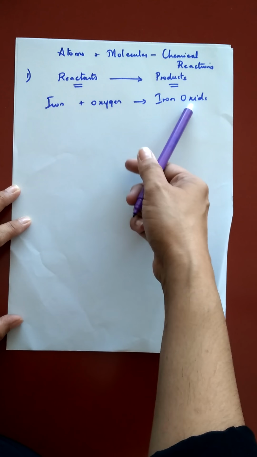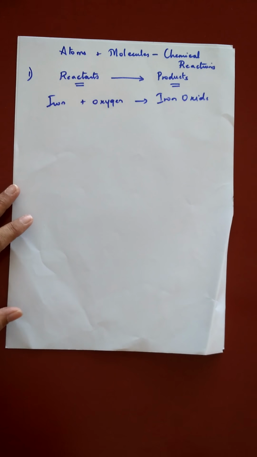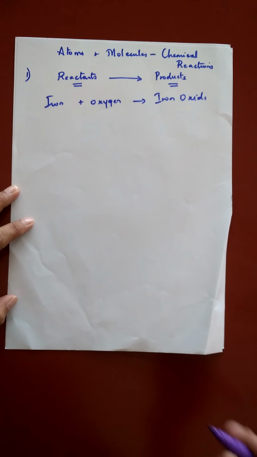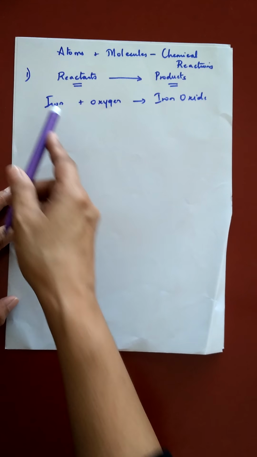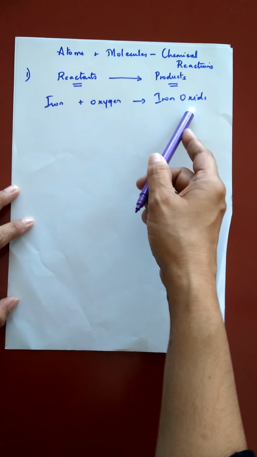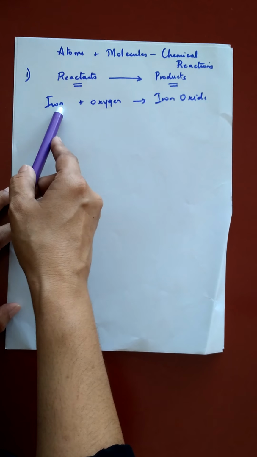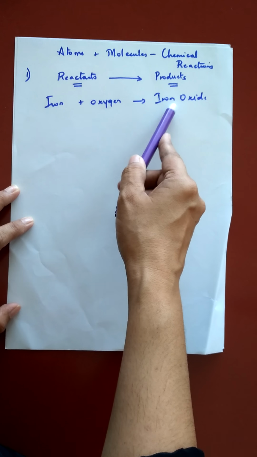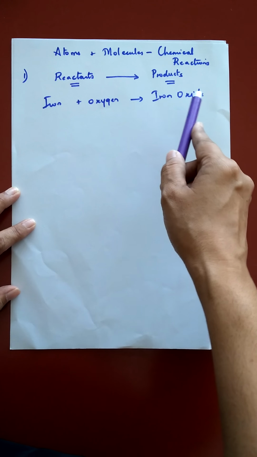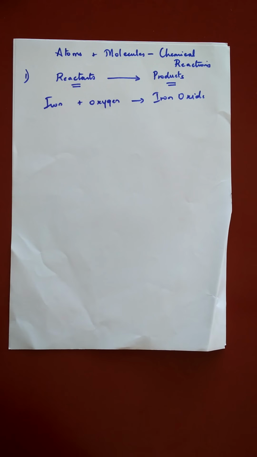This is a word equation, but in a chemical equation, we use symbols, the short form, for the reactants and for the products. The short form for an element is a symbol, and iron oxide is a compound, so the short form for a compound is a molecular formula.